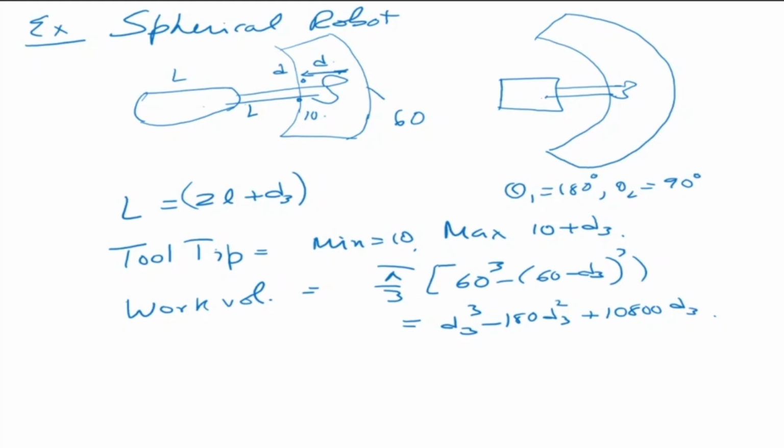Now suppose that 2L was equal to 60. Okay, so this is my work volume. So what is the structural length index? The structural length index is given by 2L plus D3 divided by D3 cubed minus 180 D3 squared plus 10800 D3.